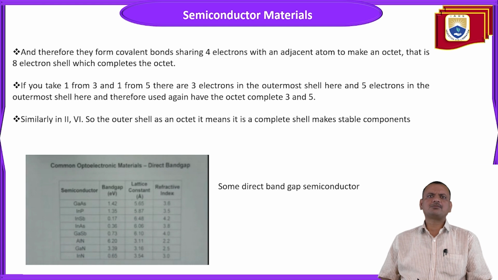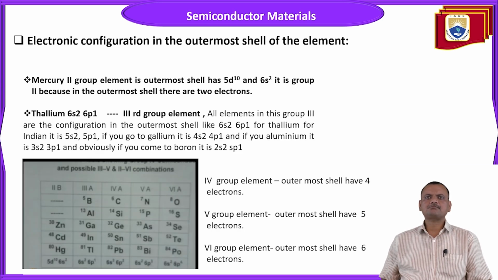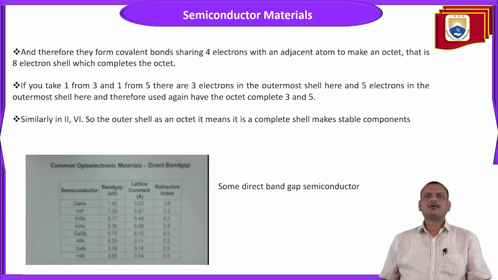Apart from these, all are well in the range of semiconductor band gap, like gallium arsenide, indium phosphide, indium antimonide, indium arsenide, gallium antimonide, aluminum nitride, gallium nitride, indium nitride. So their respective band gaps are also mentioned here.